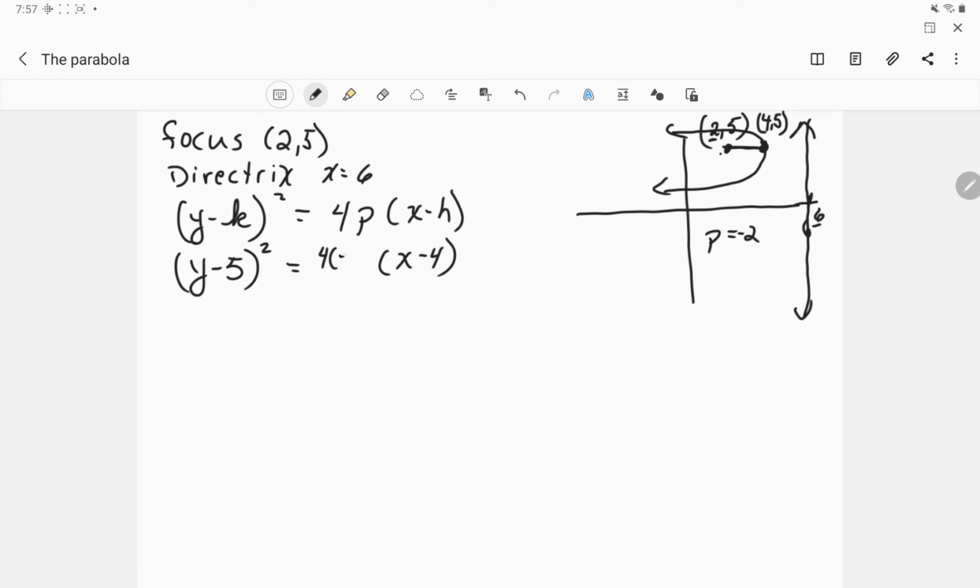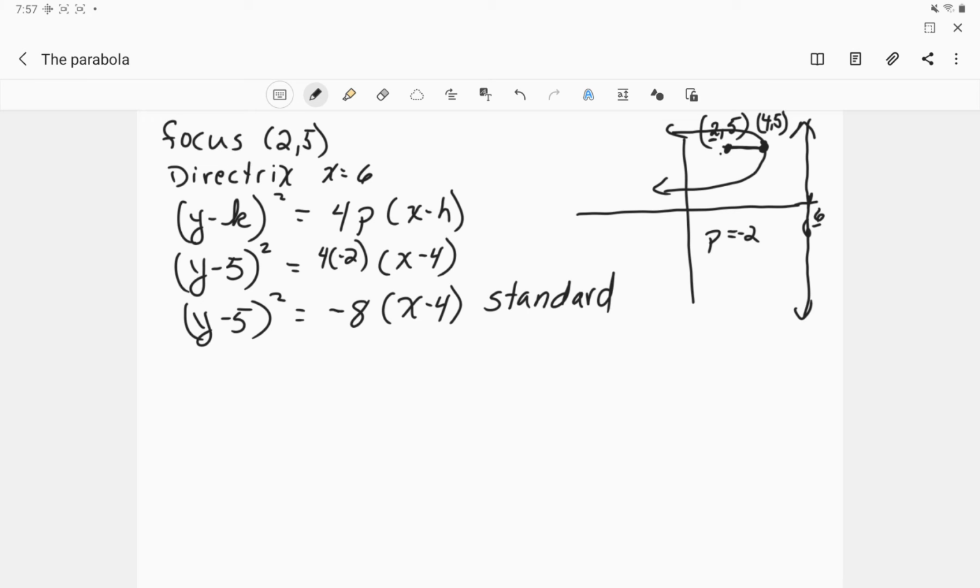So it's 4 times negative 2. So I have y minus 5 squared is equal to negative 8 times x minus 4. This is standard form. All you have to do is multiply the 4 and the p together. That is standard form. So they also want it in general form.